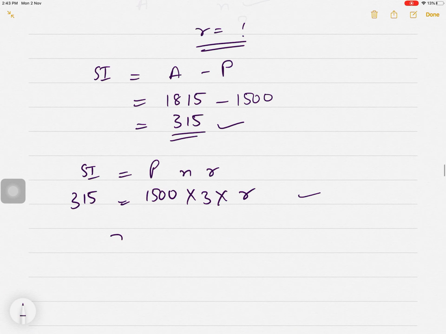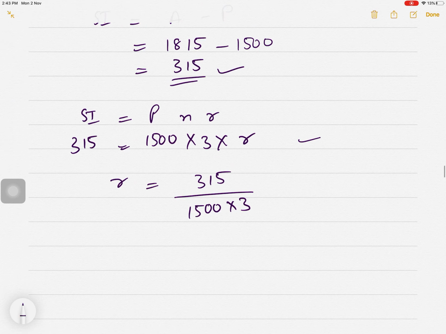Please calculate R. So R is equal to 315 upon 1500 multiplied by 3. When you calculate this, it comes to 0.07 or 7%.